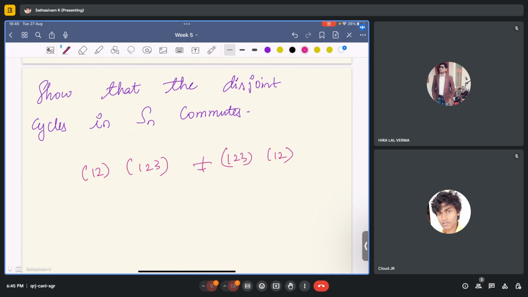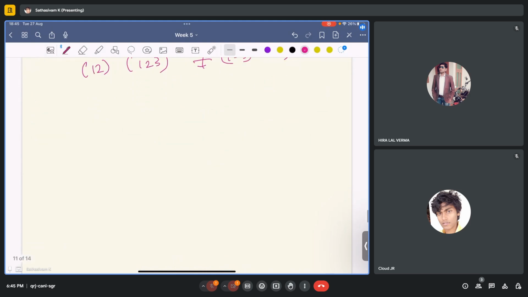So let me just take two cycles, and then I will try to prove it. Let's say you have a cycle sigma, which I have written as A1 to AR. Let me call tau, this is nothing but B1 to BS.